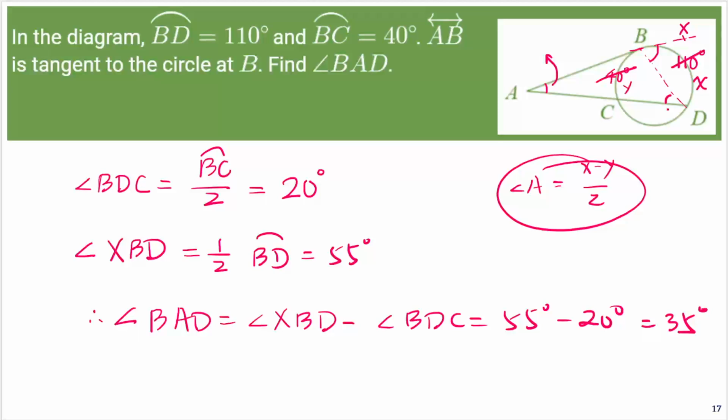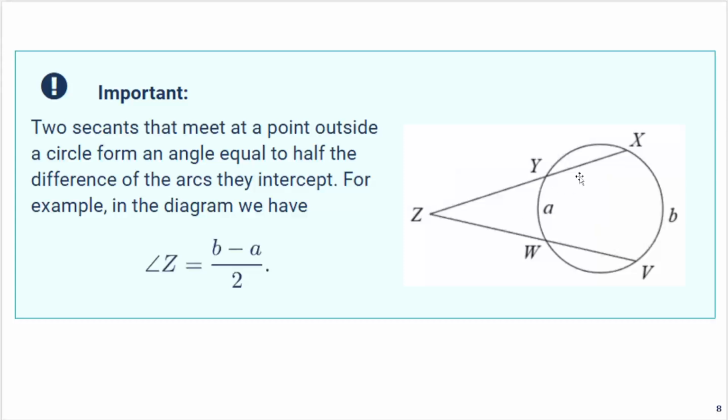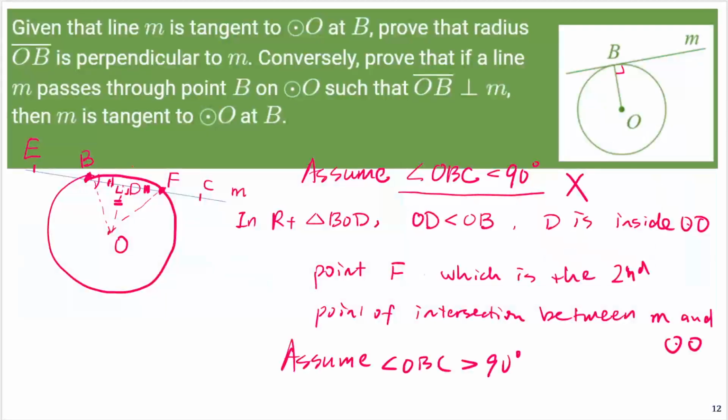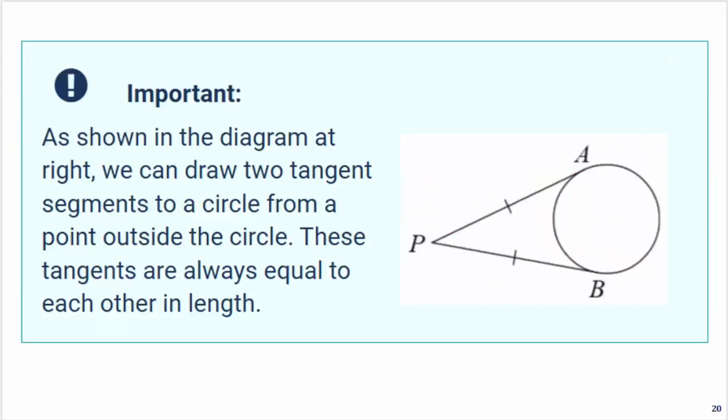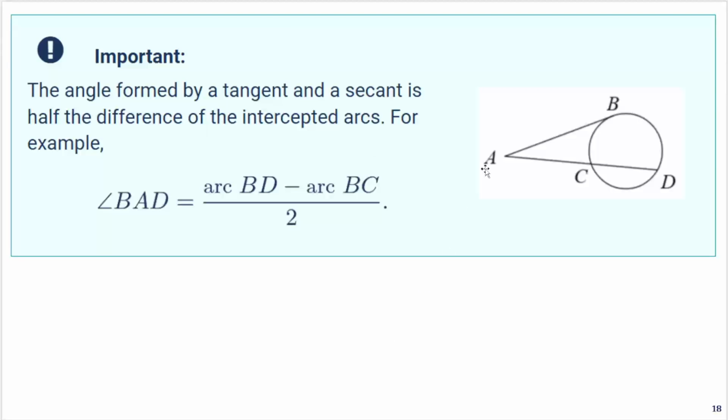This has a similar form to what we have learned in the previous property. If you have two secants meeting at a point outside the circle, then angle Z here equals (B minus A) over 2, right? And this time we have a tangent and a secant. The conclusion is very similar. We have this property here.